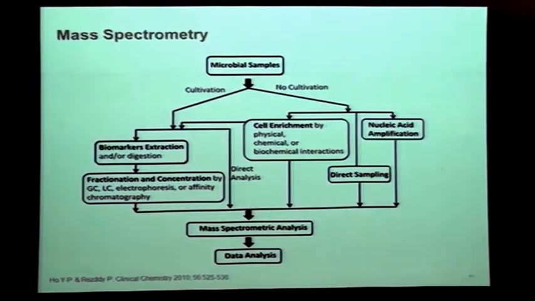So you can do either after cultivation or no cultivation. You can first digest the bacteria, for instance, with enzyme, or you go directly, you do a nucleic acid amplification, and then you do the mass spectrometry and you analyze the data by comparing the result from your sample with the results that you have in your databank.